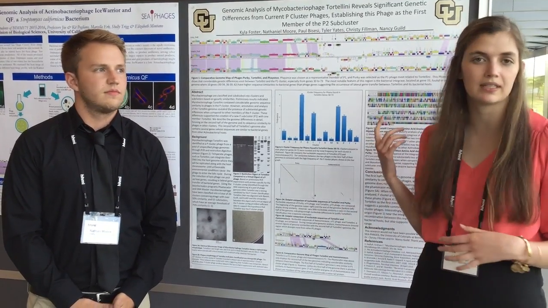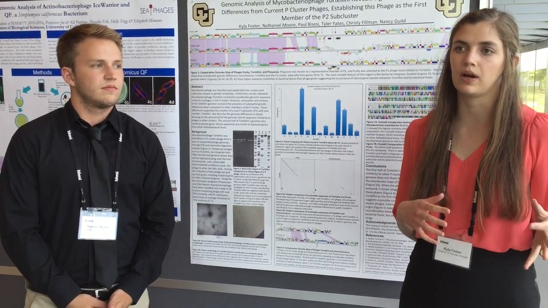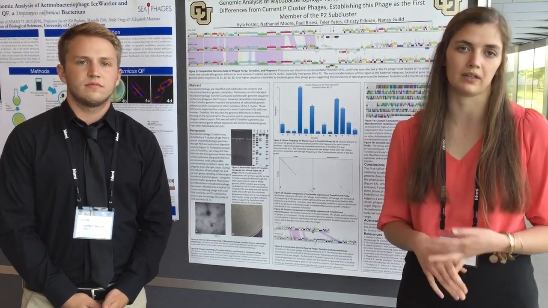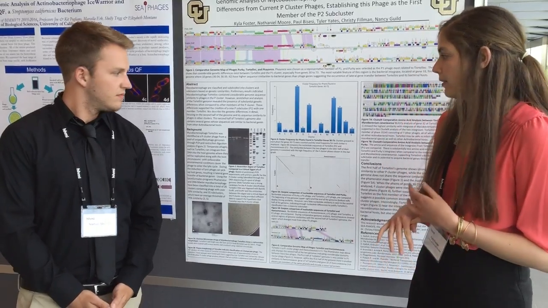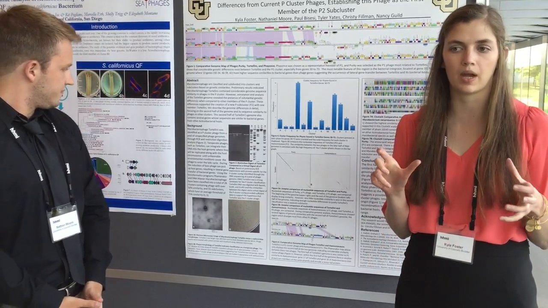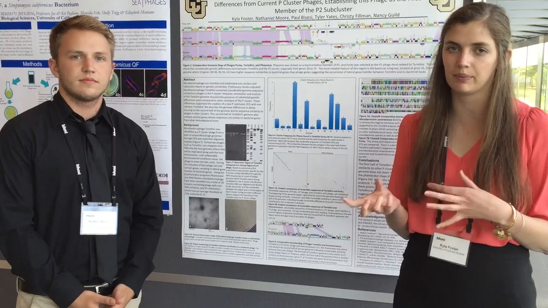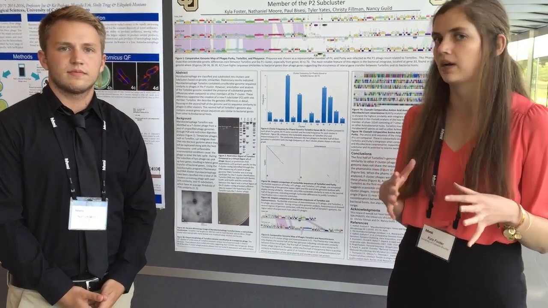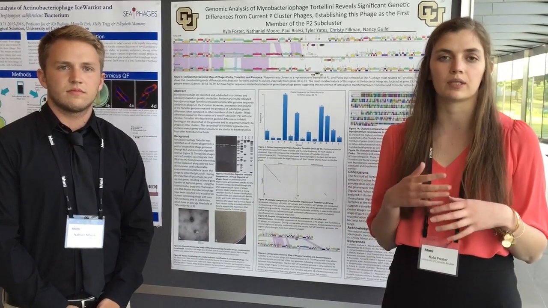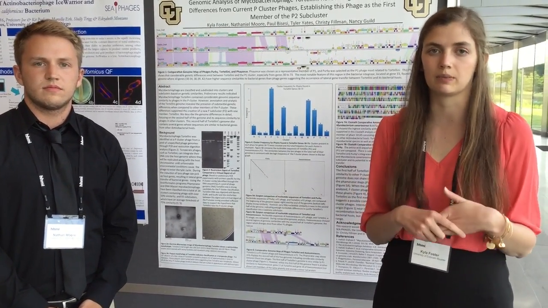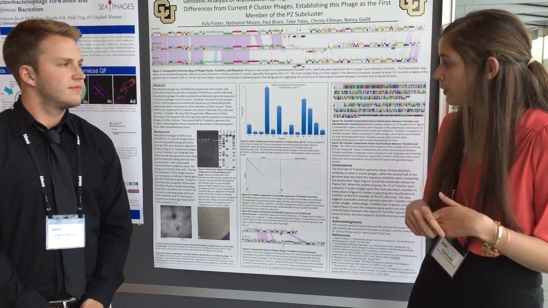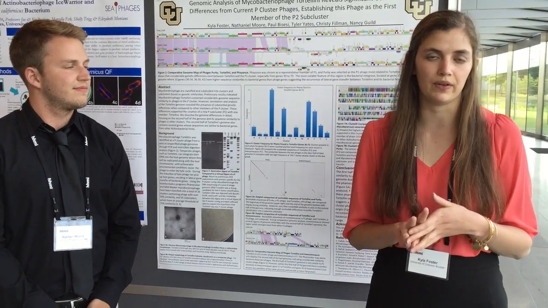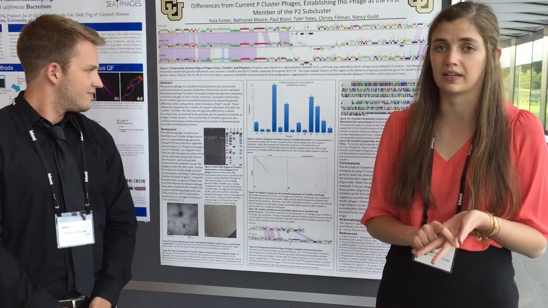So our classmates Tyler and Paul decided to try and figure out which was the P cluster phage. They took a P cluster specific contig provided by the sequencing facility to create a primer that would hopefully help them narrow down from this big pool of DNA which one was the P cluster phage. So they were able to narrow it down to two different phage, tortellini and phage la-di-da.